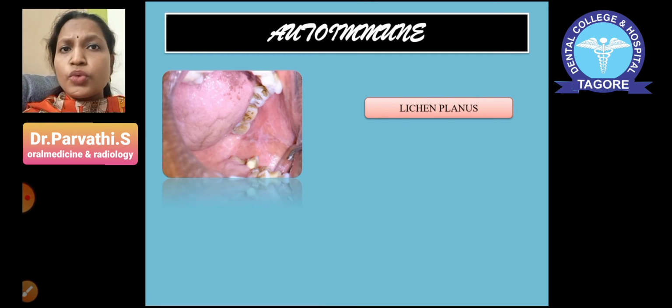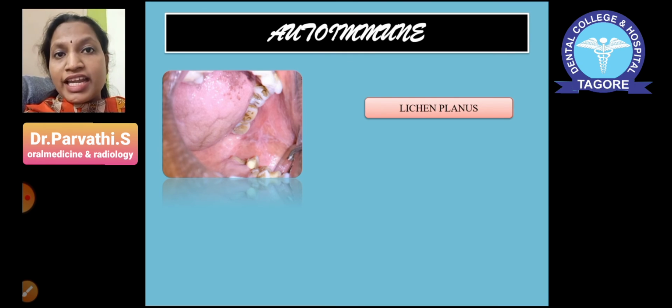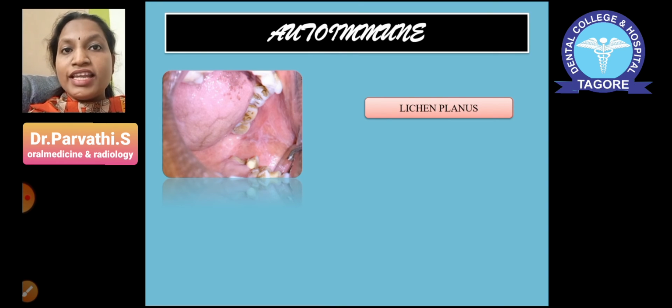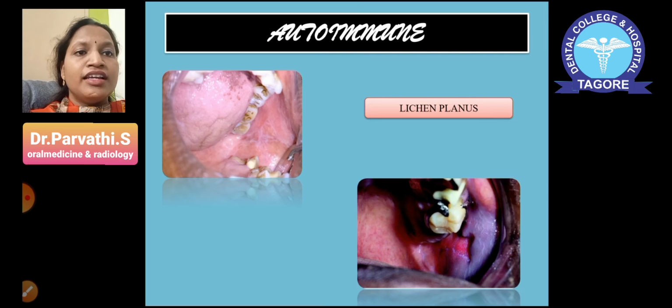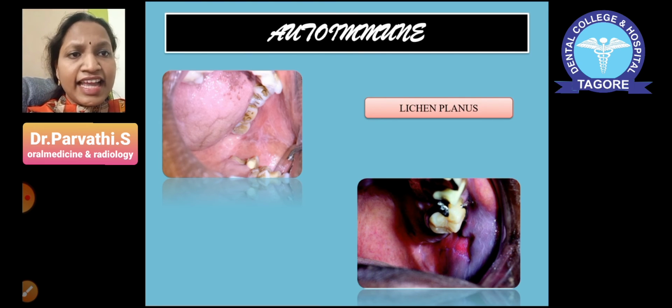In lichen planus we have multiple types, like erosive, reticular, bullous, and papular lichen planus, and the most important white lesion is reticular lichen planus. It is completely a white lesion where you see white intersecting lines in the buccal mucosa. Next, you again see an erosive area surrounded by intersecting lines.